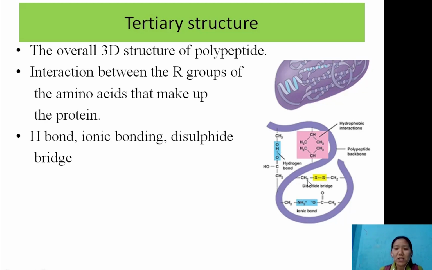This is just the chain of amino acids, that is the polypeptide chain. It folds upon itself, forming a 3D structure which becomes a functional protein. So in this case, other than peptide bond, you find hydrogen bond, and also an ionic bond. There is also a disulfide bridge or disulfide bond.